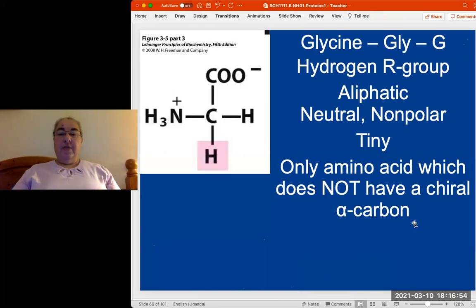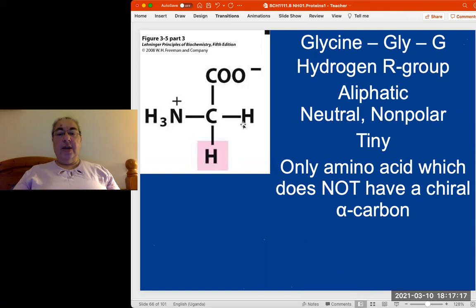So, first one to talk about is glycine. This is the smallest amino acid, and its R group, shown in pink here, is a hydrogen atom, just a hydrogen atom by itself. So the amino acid itself is as small as it can be. It's known as a tiny amino acid.